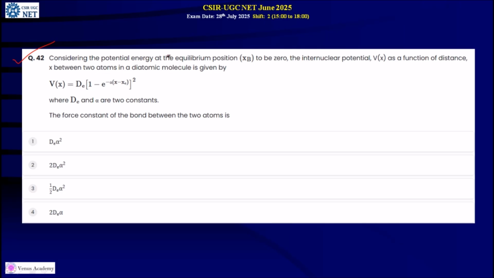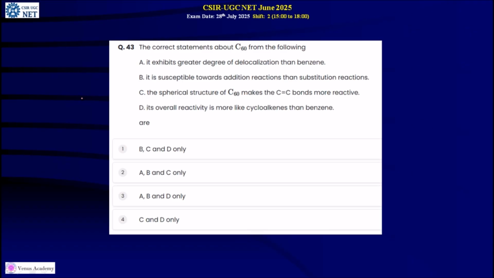Considering the potential energy at the equilibrium position x0 to be 0, the internuclear potential V(x) as a function of distance x between two atoms in a diatomic molecule is given by, where D_e and alpha are two constants. The force constant of the bond between the two atoms is option number 2, the correct option, students. Next, question number 43.